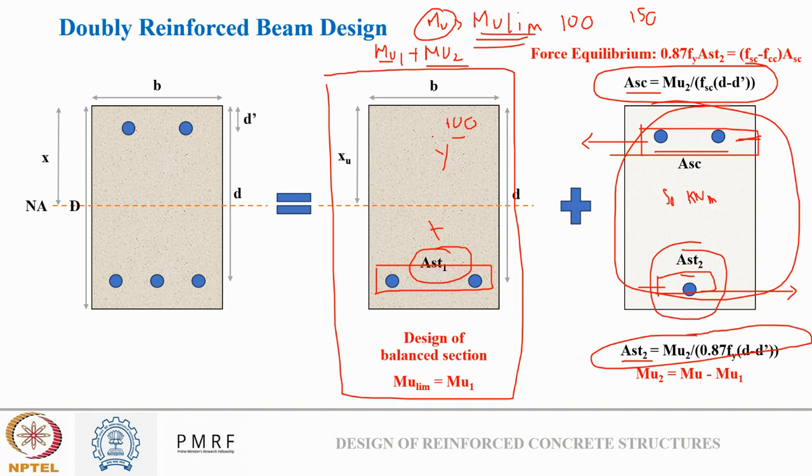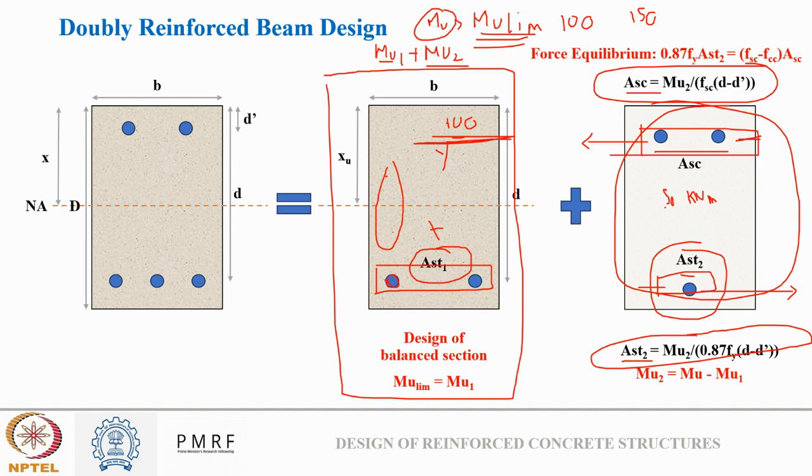So how will we design the first part? If my Mu is equal to Mu limiting, we say that we are talking about a balanced design. In this, we'll provide reinforcement such that both concrete and steel fail together. That design we know for a singly reinforced beam. Now my concrete has been used up to balance steel in the first part, but I need an area of steel on the compression side also.